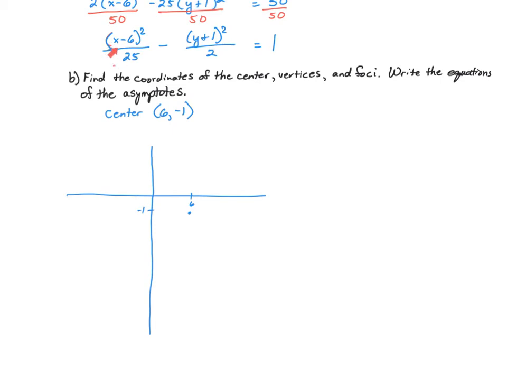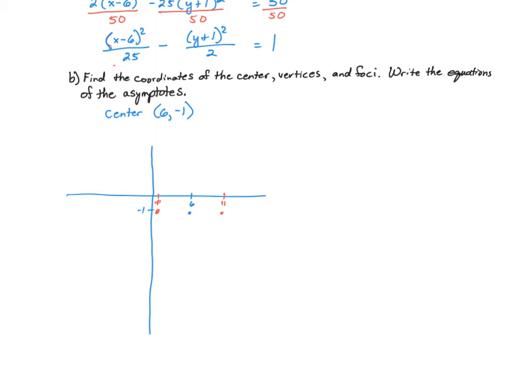The 25 is underneath the x squared, so I'm going to go in the x direction 5 units. And those will be the vertices. So from center, I'm going to move 5 to the right. That will put me here at 11. And 5 to the left, that will put me here at positive 1. I was about to write a negative 1 there. So I have one vertex at 1, negative 1, and one vertex at 11, negative 1.